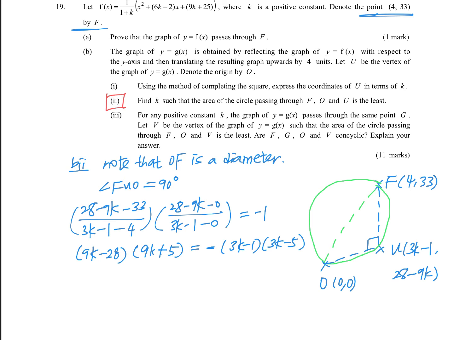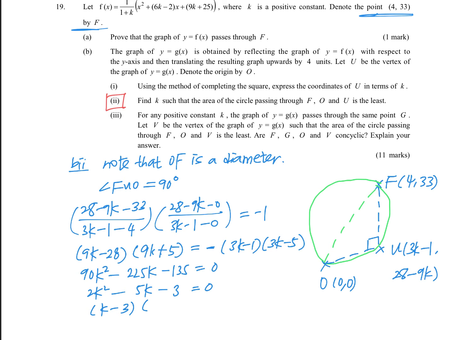So that will be 19k squared minus 225k and then minus 135 equals 0. And divide both sides by 45. And then we get 2k squared minus 5k and then minus 3 equals 0. And after that, factorization.